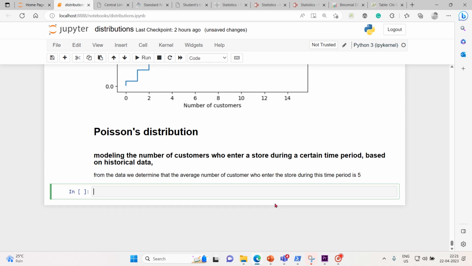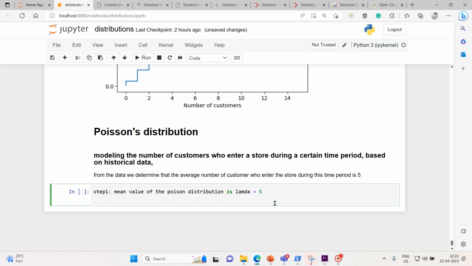Now as step 1 we have the mean value of the Poisson distribution, which is lambda, equal to 5.